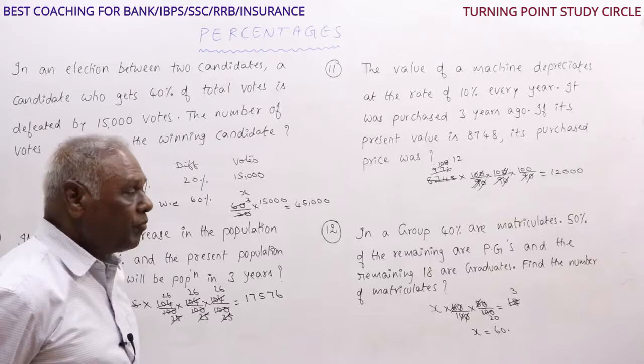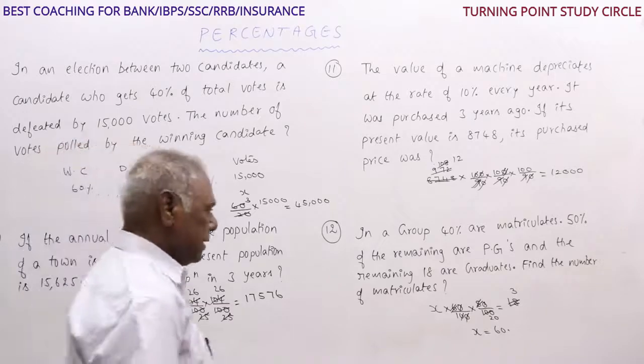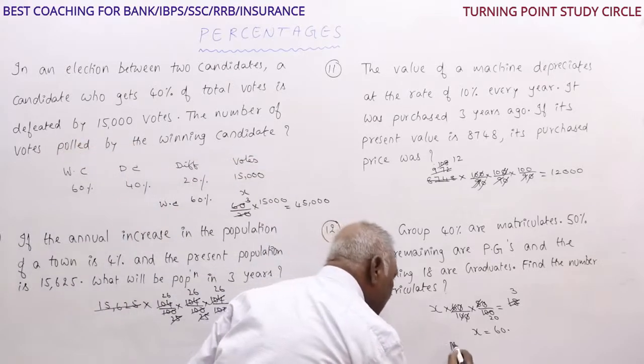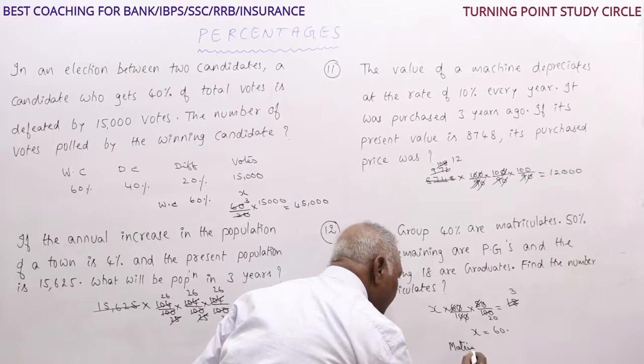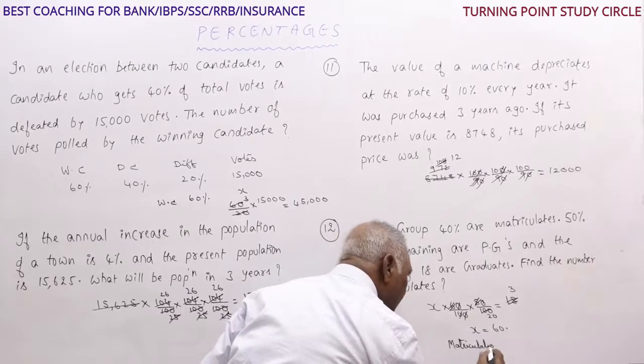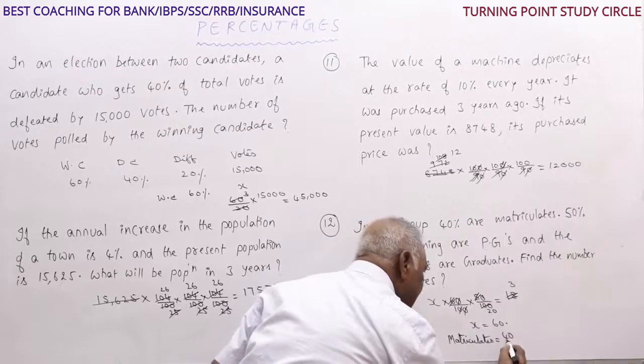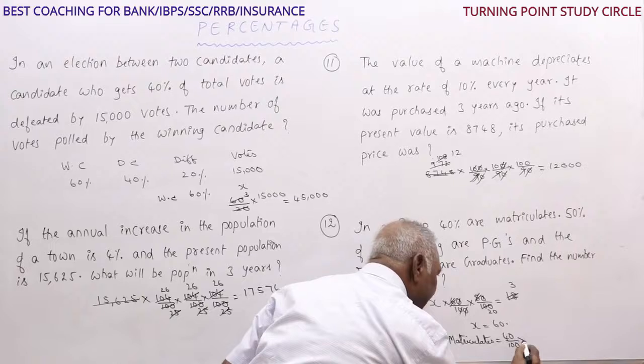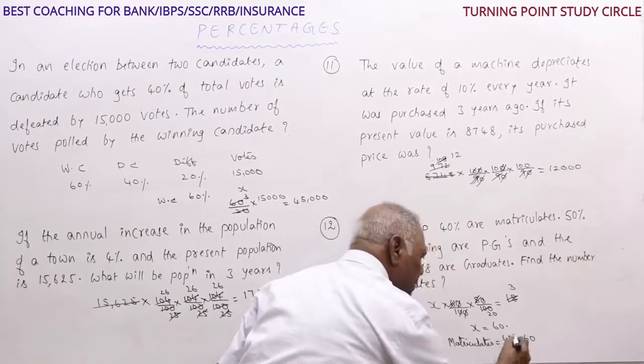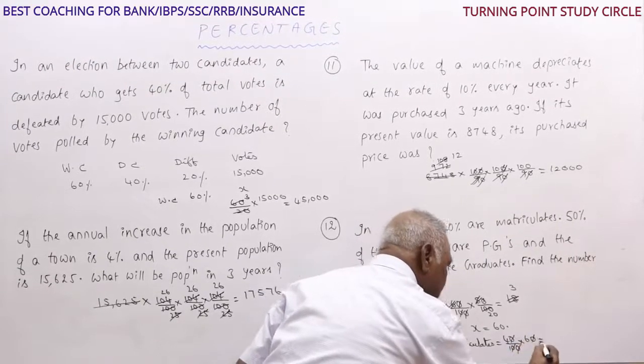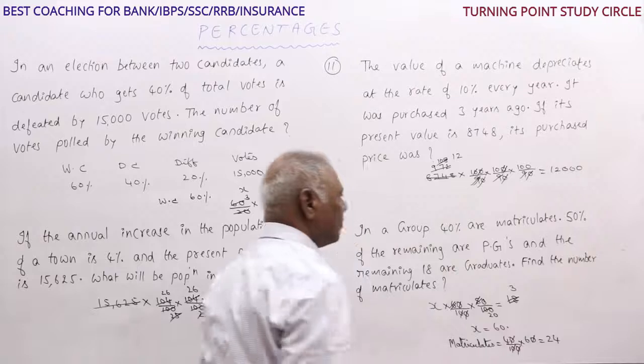But in that group, 40% are matriculates. Therefore, matriculates is equal to 40 by 100 into 60. So 2 zeros get cancelled, so it is equal to 24.